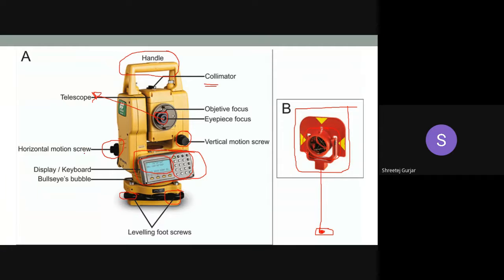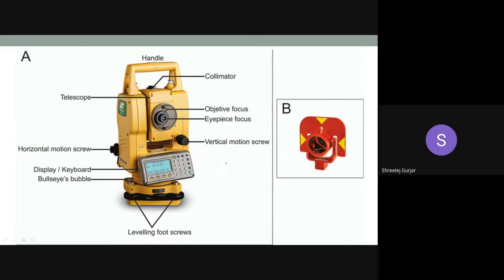Only the operation on the keyboard is different, but the remaining things, the vertical motion screw, horizontal screw, foot screws, the telescope, are all very similar to your theodolite. I hope you have understood the various parts of an electronic total station. Very important if anyone wants to become a surveyor in the future.